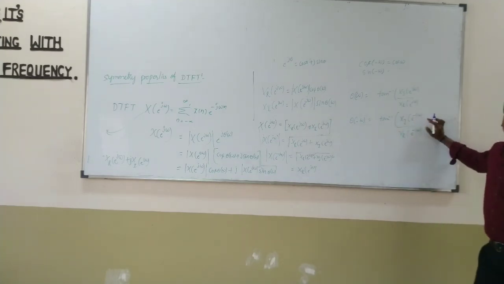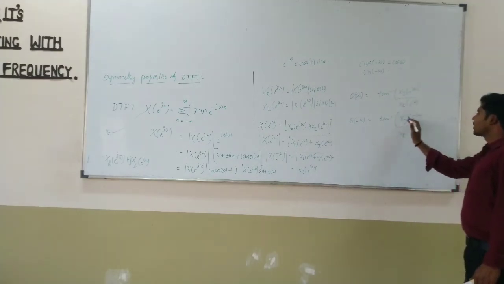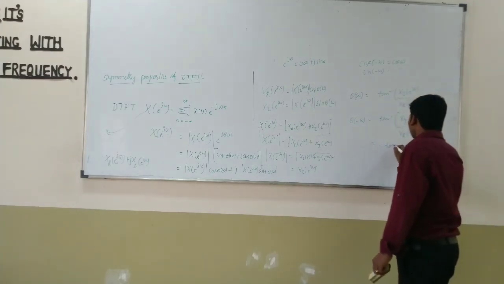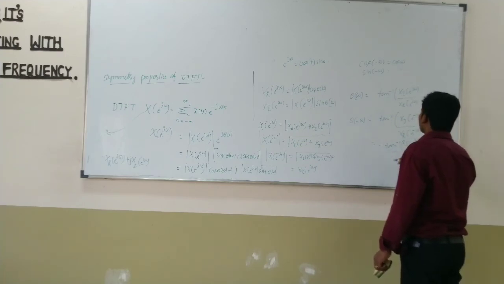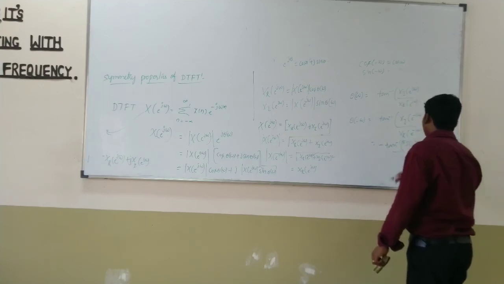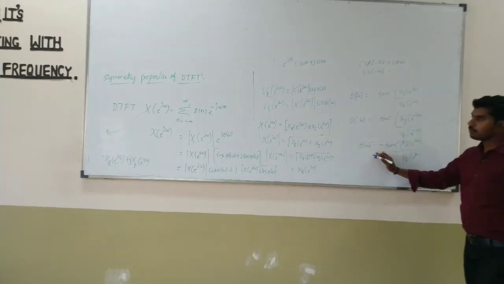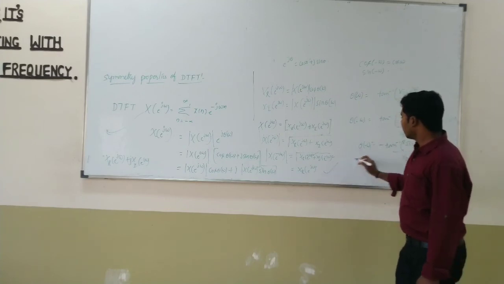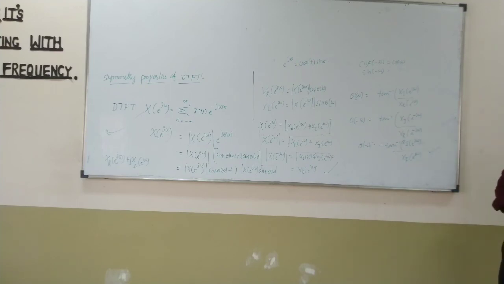We know from the previous class, from the basics of even symmetry and odd symmetry, that X I of e power minus j omega is equal to minus X I of e power j omega. Therefore the phase representation theta of minus omega is the minus of theta of omega. Therefore the magnitude is even symmetric and the phase is odd symmetric. That is the conclusion from these symmetry properties of the DTFT.